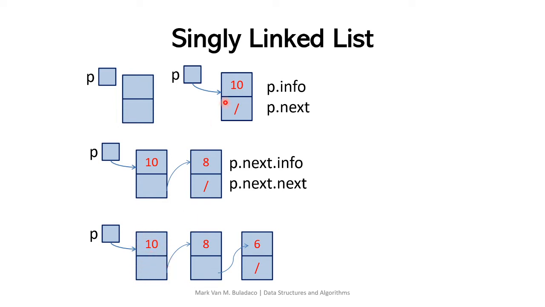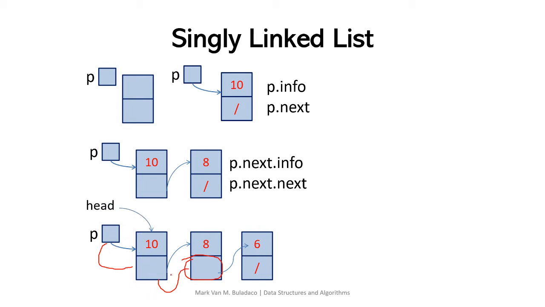So p.info is the 10. p.next.info, we are referring to field 8. But if we are referring to p.next.next, okay, I'll use a pen to be clearer, we are referring to whatever address is written in the next field of the second node.